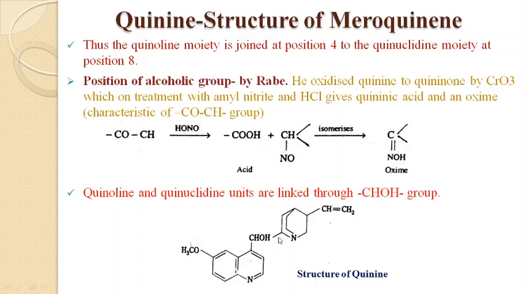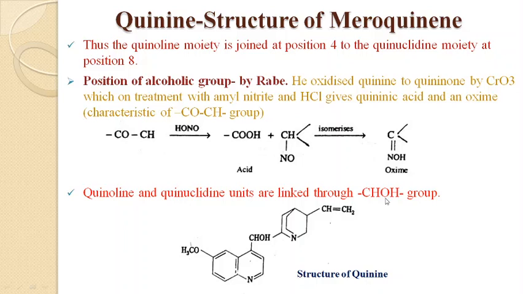The joining is through position 8 of this meroquinene, and position 4 is the secondary alcoholic group. So the point of linkage is position 4 and position 8 of meroquinene, and position 4 of the quinoline nucleus. At the 6th position there is a methoxy group. So this is the final structure of quinine.